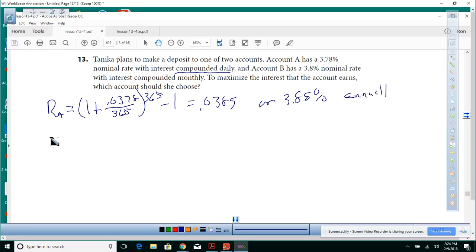Now what about account B? RB has the 3.8%. It kind of looks more than that, but it's compounded monthly. Okay, so that's only 12 times a year. 1 plus 0.038 over 12 to the 12th power minus 1.